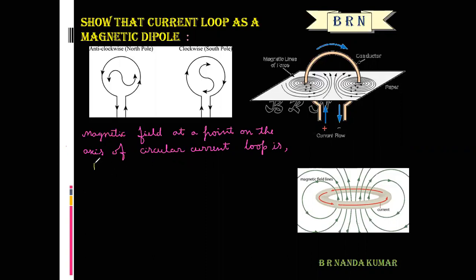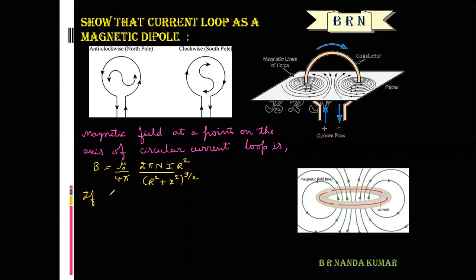So that is B is equal to mu naught divided by 4 pi, 2 pi n I R square divided by (R square plus x square) power 3 by 2. Okay.